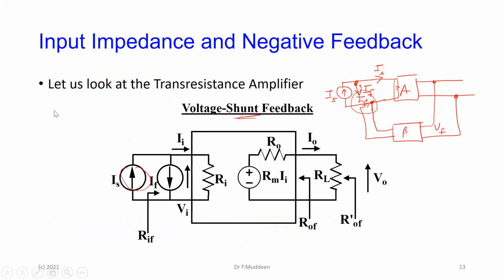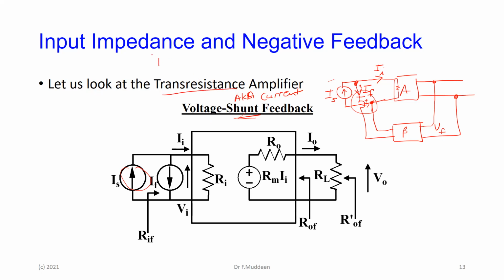So the shunt feedback is current, right? Every time you see this, this is shunt, also known as current. So ideal current, first off, this only works, the voltage shunt feedback is for the transresistance amplifier.